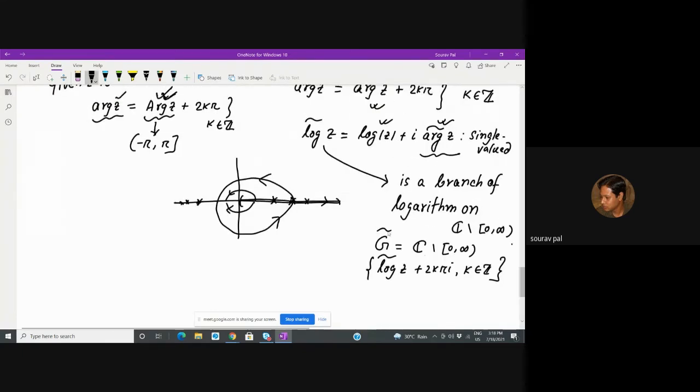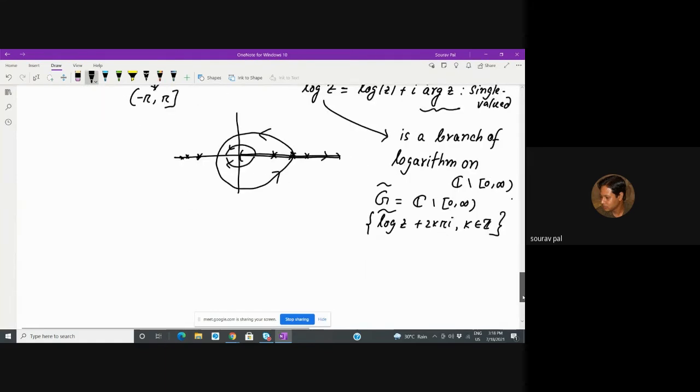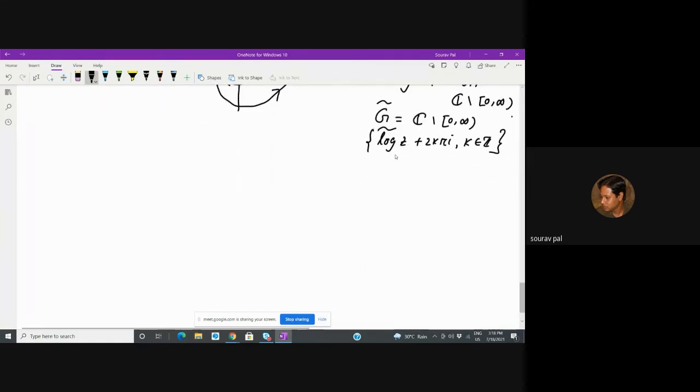In this domain, in this region, we are talking about this region. So this is the totality of all branches in G tilde.